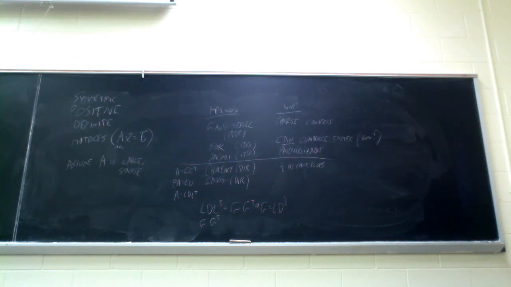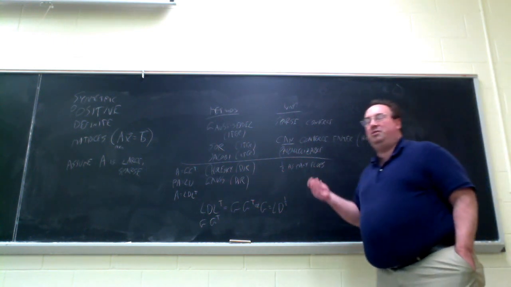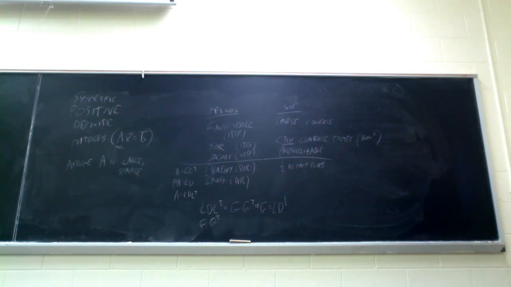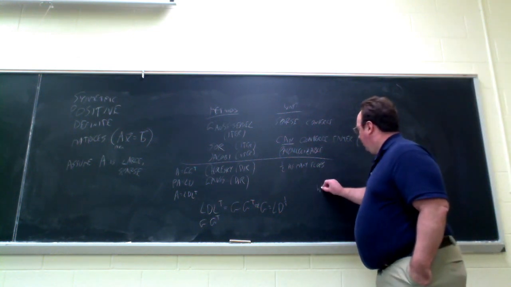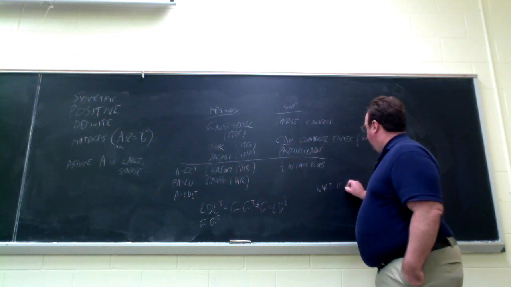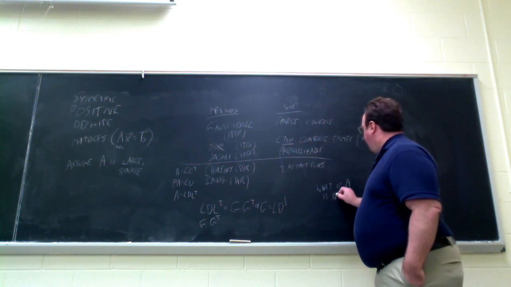If you're using an iterative method, all you can do is say, well, we'll use an initial guess of 0. Now, I'll throw in another assumption. What if A is banded?